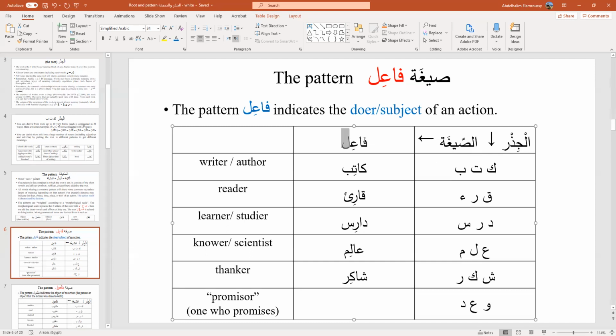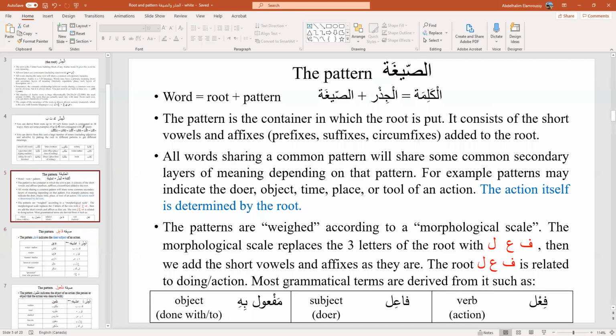So again, you will replace the fa with the first letter of the root, R1. You will replace the ayn with the second letter of the root, R2. You will replace the lam with the third letter of the root, R3. This is the opposite of the process of morphological weighing that we talked about last time.